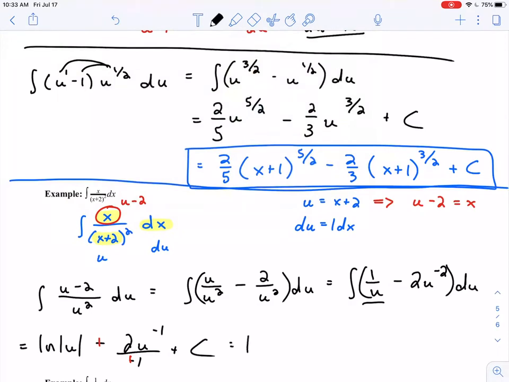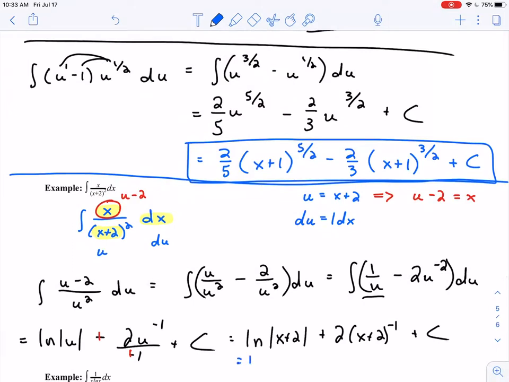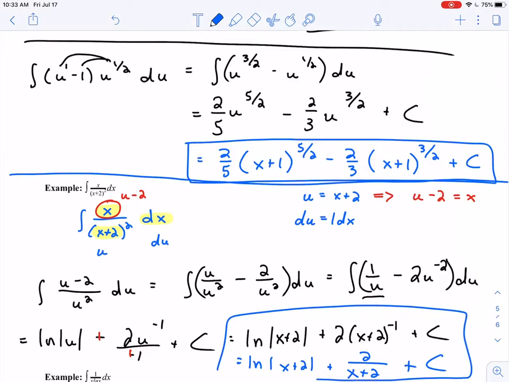I have natural log absolute value of u, but we said u is x plus 2, plus 2 times (x plus 2) to the negative 1 power plus c. Or, of course, you could write your answer as natural log absolute value of (x plus 2) plus 2 over (x plus 2) plus c. Either one of these will be just fine.